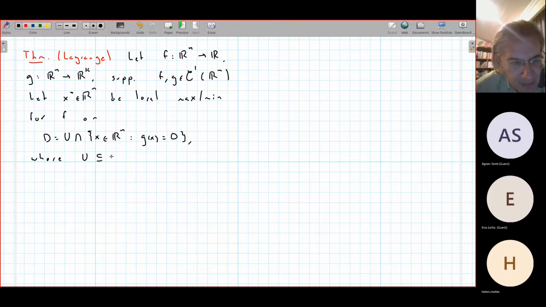Here, U is an open set. And for the sake of clarity, remember that g is given component-wise as g1, so on, gk.